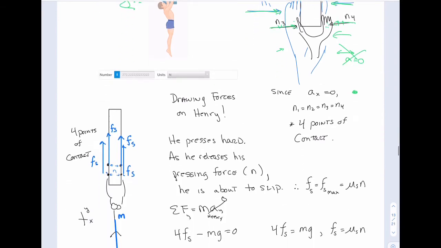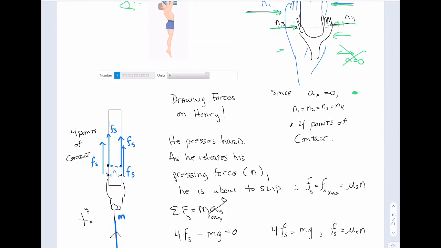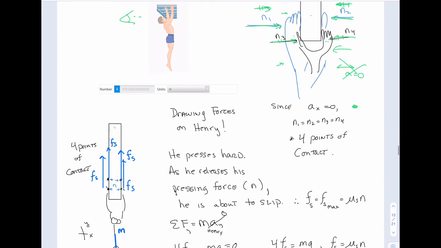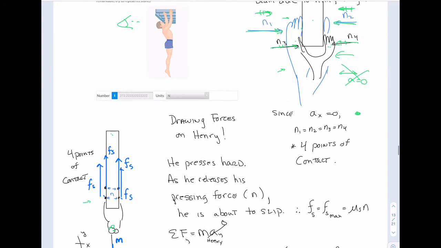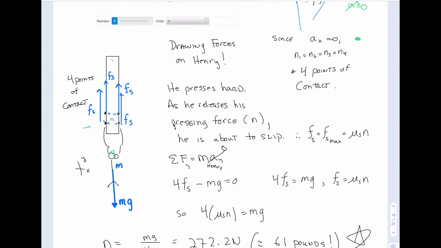When I draw the picture here, here's the same beam, and here's the person. Instead of drawing their hand up here, I just drew the 4 contact points. That's these black dots here. This would be, let's say, a thumb, and that would be your 4 fingers from the same hand.